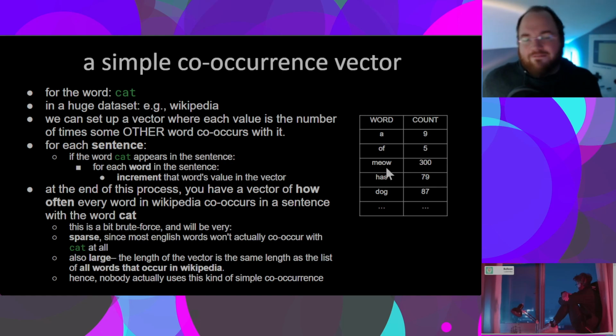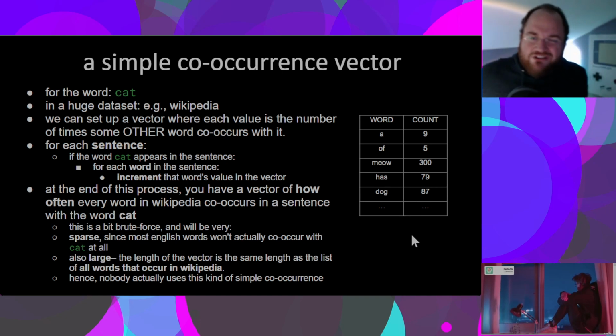Of only 5 for whatever. Meow, though, that's occurring with cat quite a lot. Maybe not literally in Wikipedia, but meow, right? That's going to have a high co-occurrence representation with cat, right? Dog will probably also have a fairly high amount. I don't know, I made some of these up.